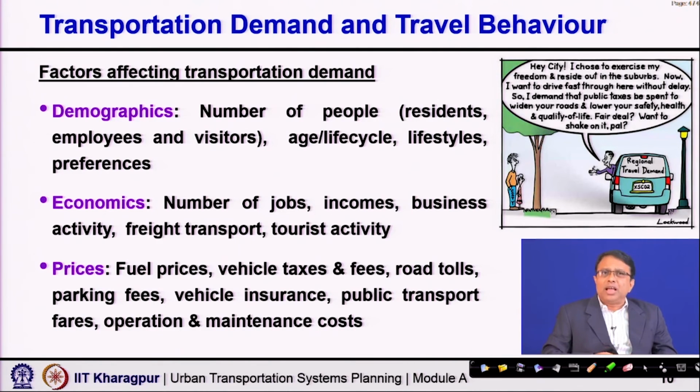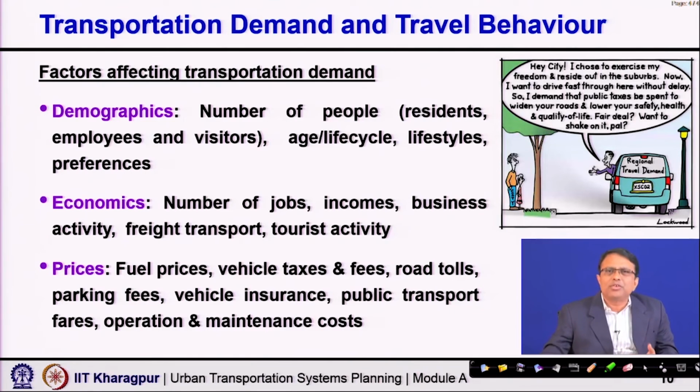The price is another important indicator because transport demand is always elastic, right, and there is always a demand elasticity with respect to price. The price goes up, the demand will get influenced, and for most commodities including transport, when the price goes up, the demand will come down. So, how much the demand is depends on the price.